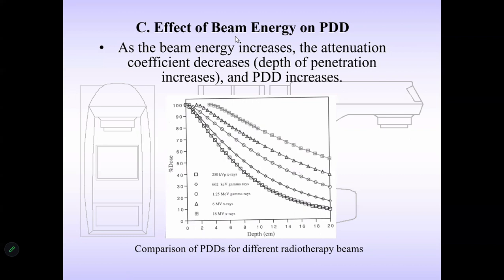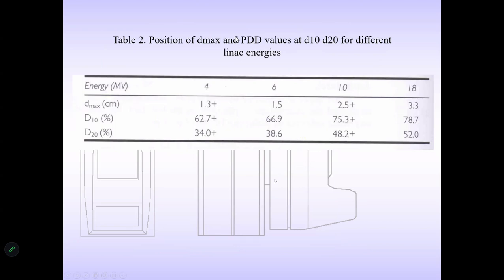This is the effect of beam energy, which obviously is very obvious. The higher the energy, the higher the percent depth dose. And this is an important factor, by the way, which is D10. As a physicist, you need to know for photon two depths, Dmax and D10.